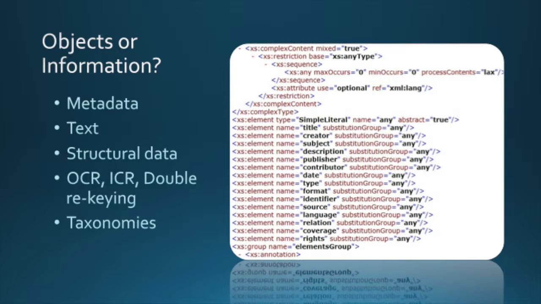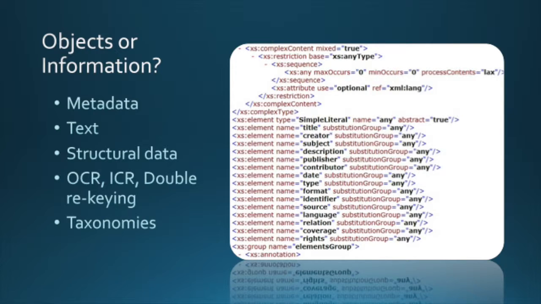And metadata is the best way to organise your information, full stop, within a system, but also to organise the information you use to help people find the objects and the information they're looking for. And it gives us the opportunity of analysing materials in terms of their structure, so looking at the internal structure of a book, for example.